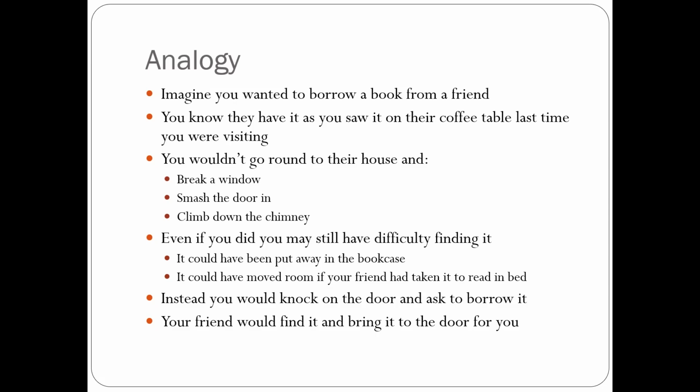There has to be a legitimate way that you can gain access to the information in that book. And the only way that you can legitimately access it is by knocking on the door and asking if they can borrow it. So the interface for that little analogy is the fact that you can knock on the front door and ask to borrow it.